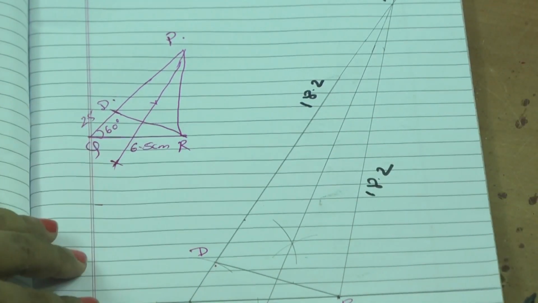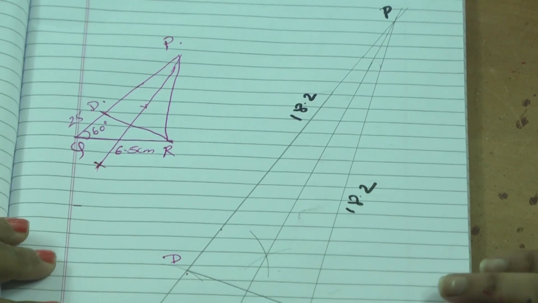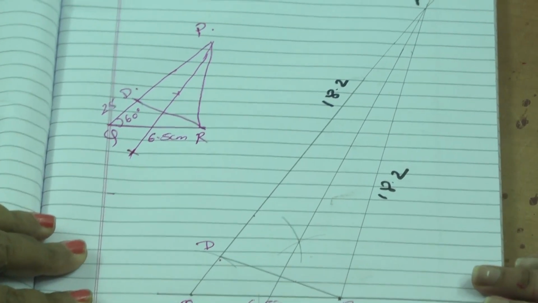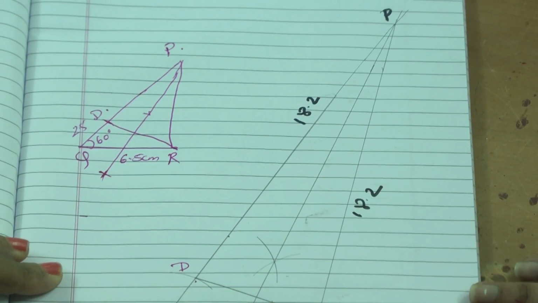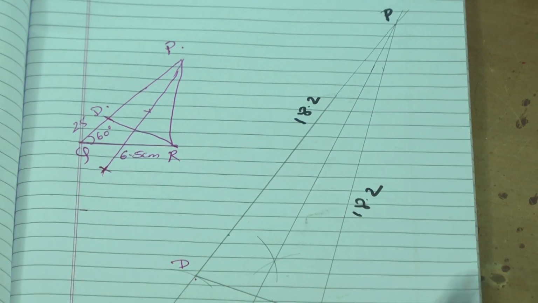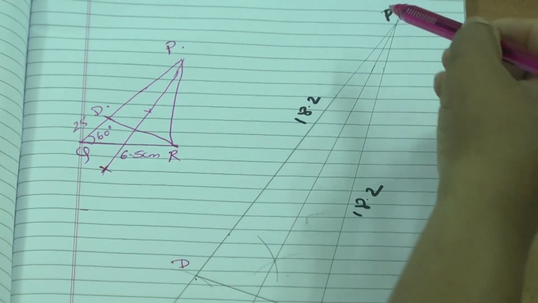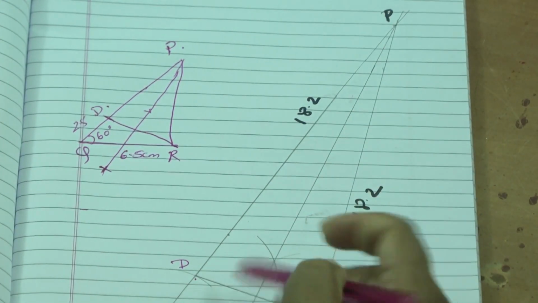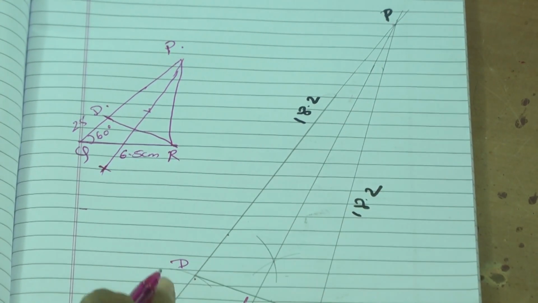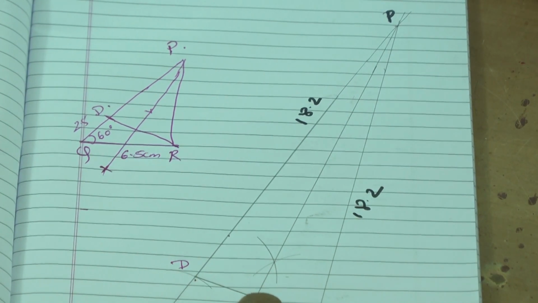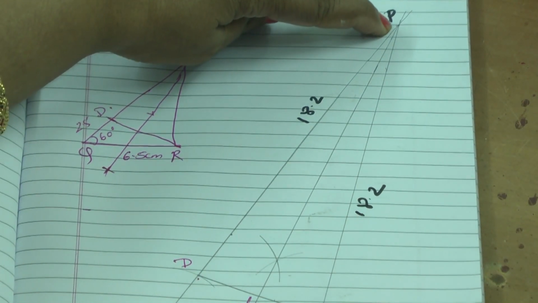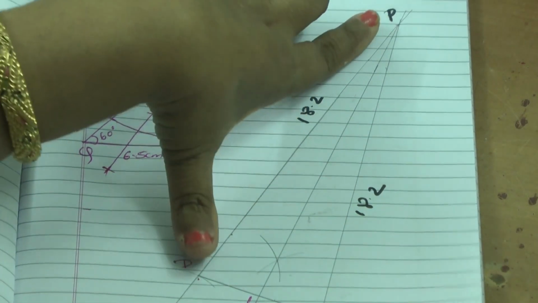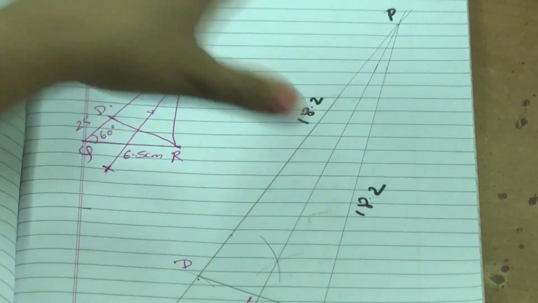So this side also we got 18.2, children. PR and PD are 18.2. Why? Because point P is on the perpendicular bisector of DR, and the point which is on the perpendicular bisector is always at equal distance from both sides.